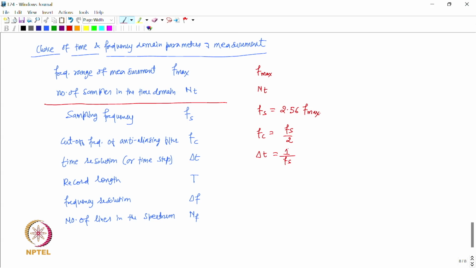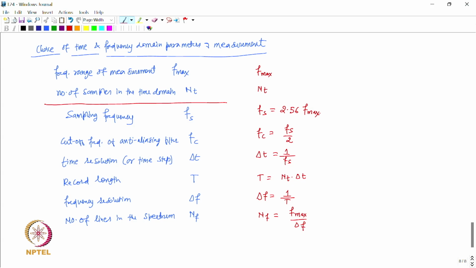And then we have the record length T, which depends on the number of samples NT times the time resolution delta t. Then the frequency resolution delta f is equal to 1 upon T, 1 upon the record length. And then we have the number of frequency lines, which depends on the range Fmax and delta f.